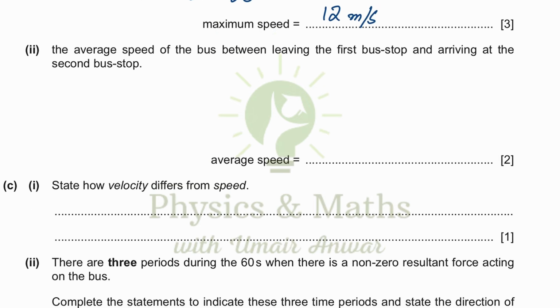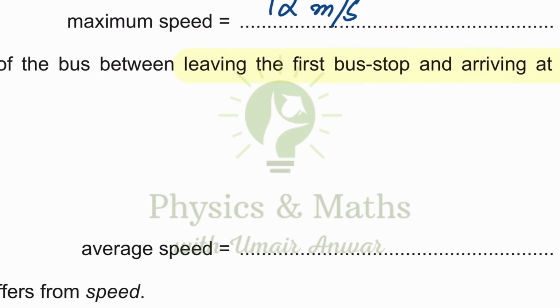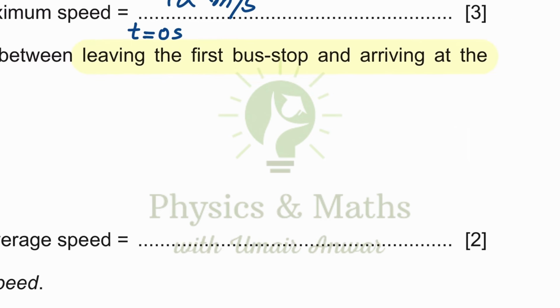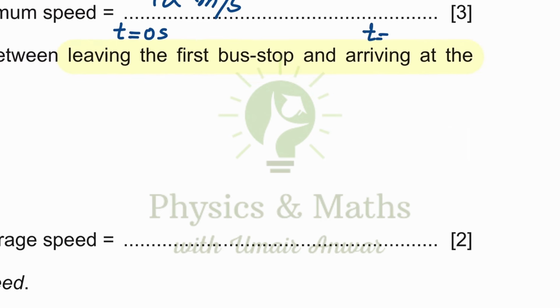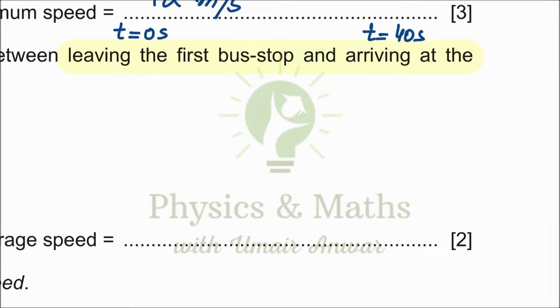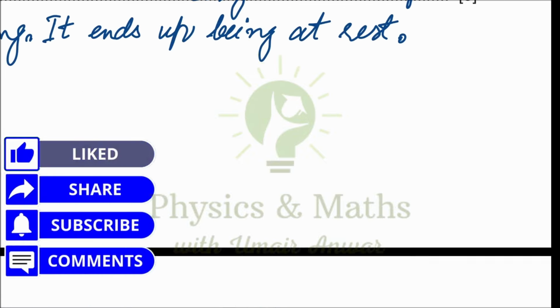The next part: the average speed of the bus between leaving the first bus stop and arriving at the second bus stop. Now, we have to find the average speed between leaving the first bus stop and arriving at the second bus stop. Now, the time for leaving the first bus stop is t is equal to 0 seconds, and the time for arriving at the second bus stop is t is equal to 40 seconds.